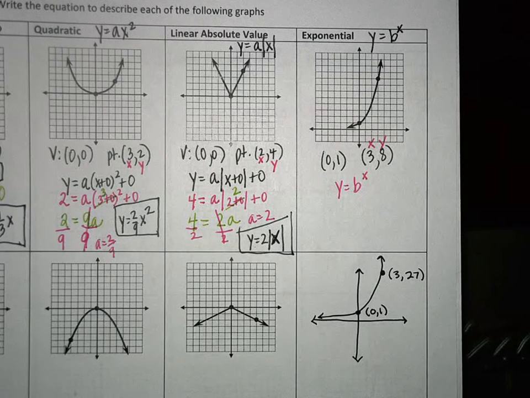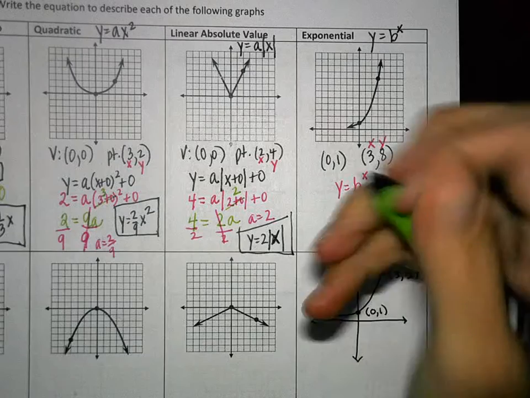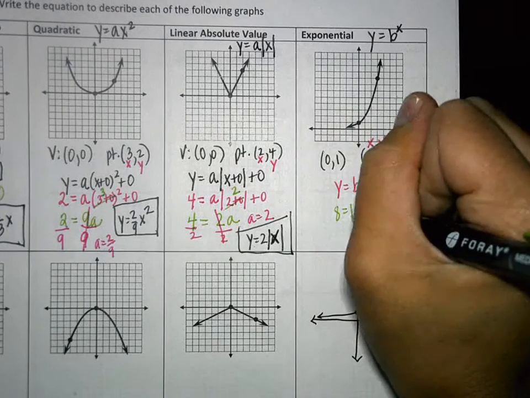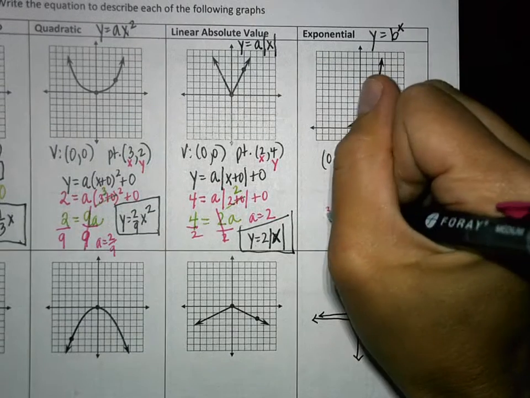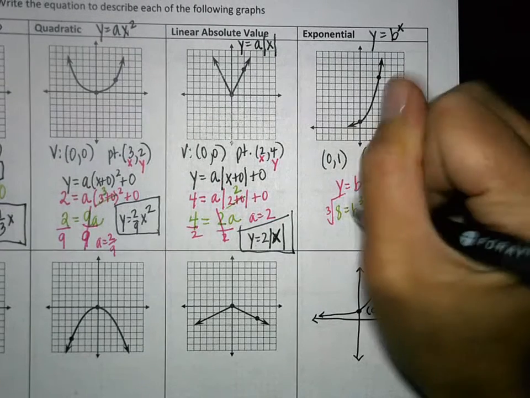So, we are going to write this as what? And how could you solve for b? What would you need to do? Not divide, but cubed root. Good, yeah. So it's a cubed root because it's a cubed power.